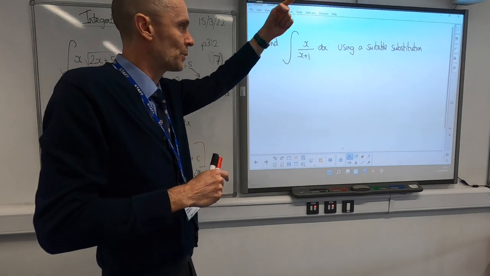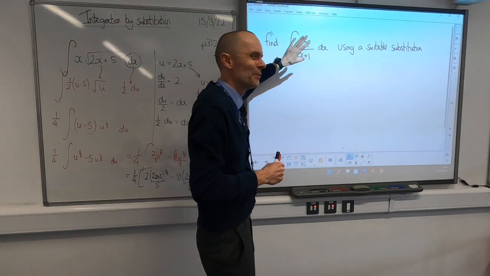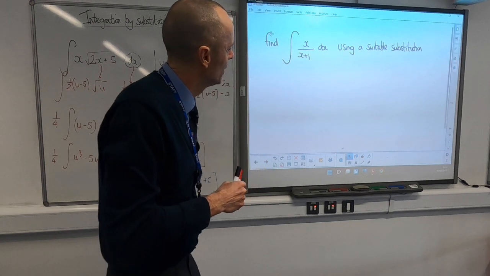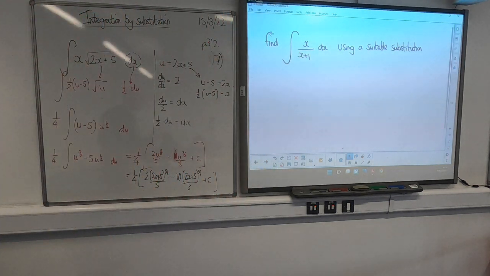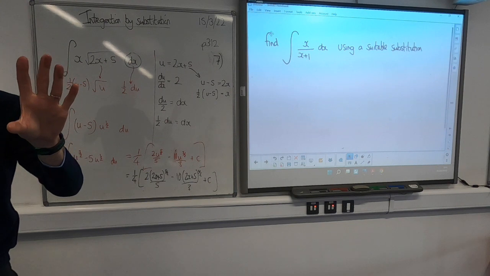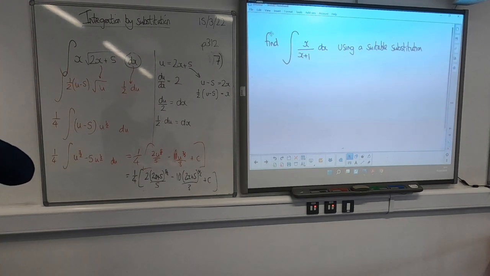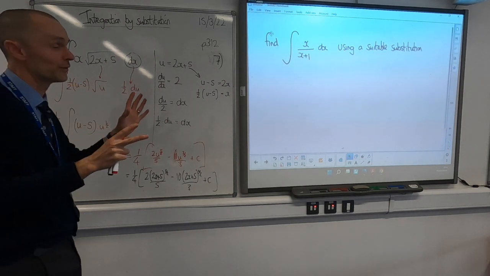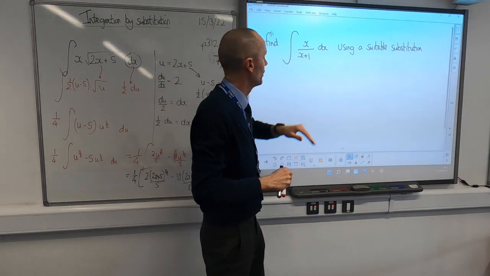The thing on the top is what you get when you differentiate the thing on the bottom, but oh no, that doesn't work, does it? And certainly none of the other techniques we've got so far work. If only it was two things divided by one thing, I can split it up into two separate fractions. But it's not. It's one thing over two things, which I can't split up, and I can't use partial fractions because it's not a product of factors.